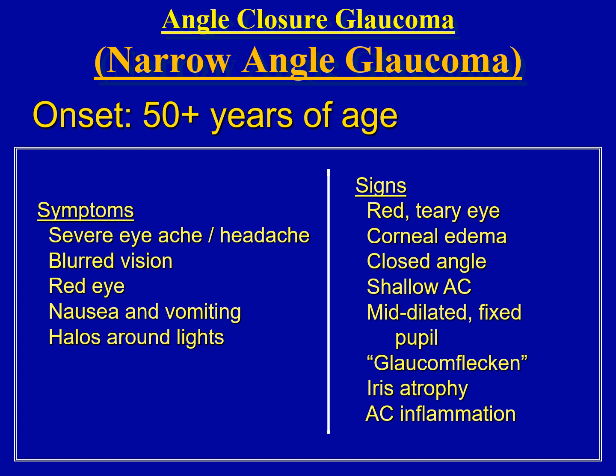The eye is teary, having lacrimation, corneal edema is there, and you find the angle is closed, anterior chamber is shallow, aqueous muddy, as due to congestion of the iris vessels, the fluid and the cells come out into the anterior chamber, causing the aqueous to be muddy. Pupil is mid-dilated, fixed, non-reacting, and iris texture is lost. Glaucoma flecken may be there.